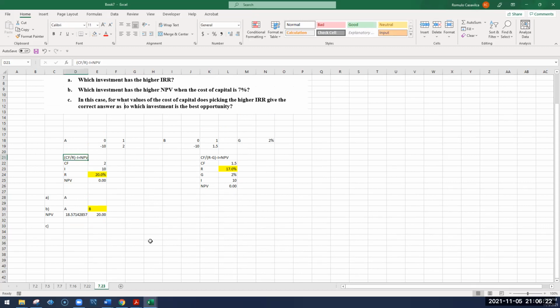You need to set it up algebraically: the left side is project A and the right side is project B. So you have to solve for R with this equation.